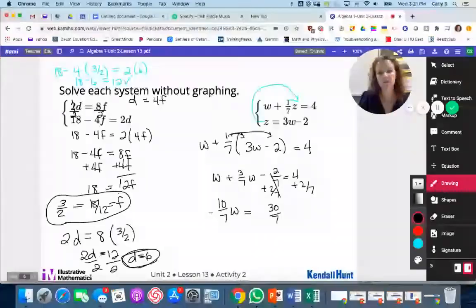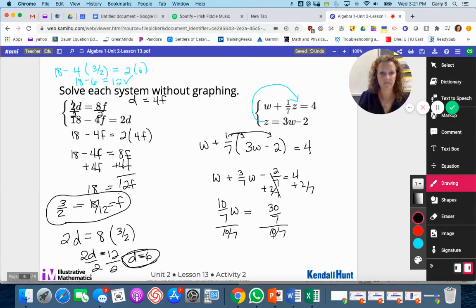All right, I'm going to divide both sides by 10/7. And that gives me W equals 3. It's kind of amazing how that messiness cleans up right there at the end. Just checking my work. Yep, 3.